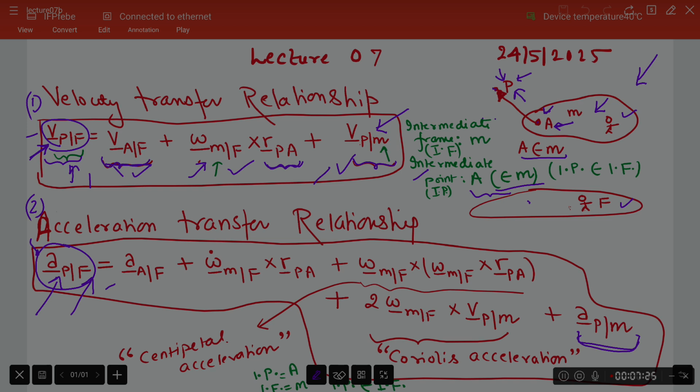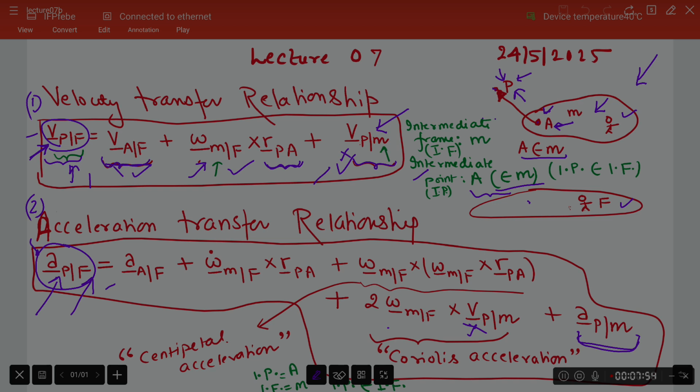The second term from the right is a cross product which involves the angular velocity of M with respect to F crossed with VPM.